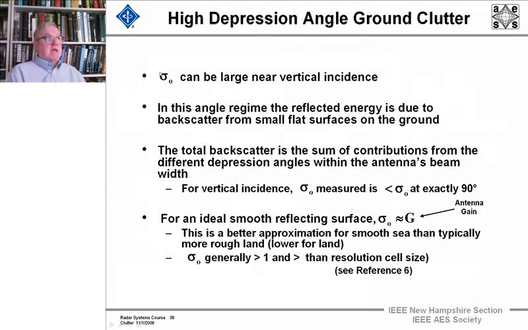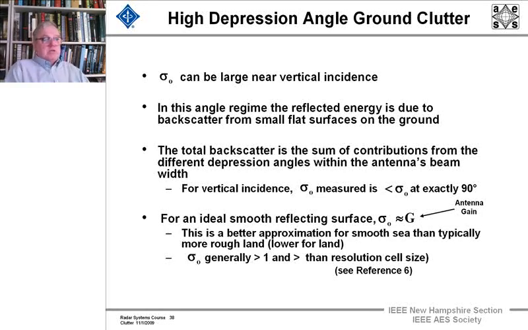At high depression angles, sigma 0 can be large near vertical, as one would expect when you look straight down. And this angle regime of reflected energy is due to the backscatter from small flat surfaces on the ground. The total backscatter is the sum of the contributions from all those different depression angles within the antenna's beam. And for vertical incidence, sigma measured is less than sigma 0 exactly at 90 degrees, because of the antenna gain.